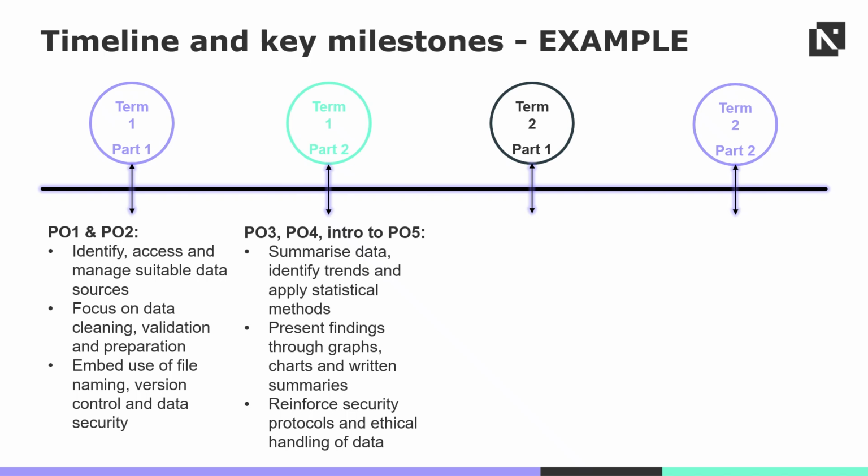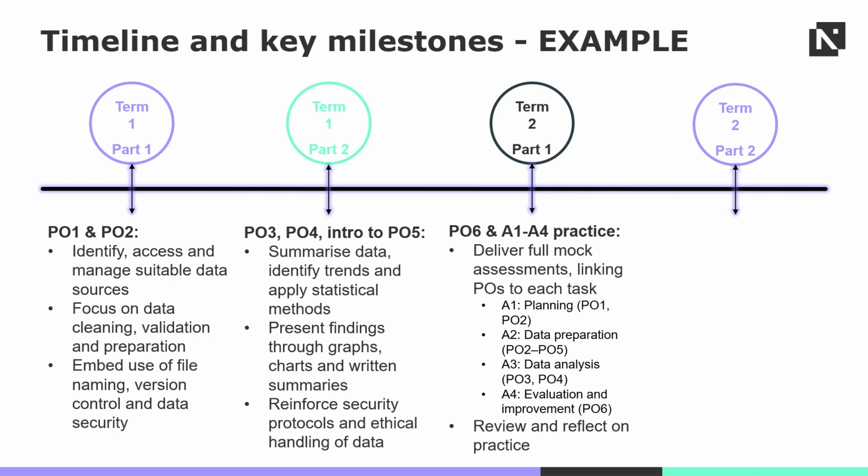Model how to present findings clearly through tables, charts, dashboards and written summaries aligned to business needs. And introduce performance outcome 5, which is maintaining data security and integrity in practical contexts, reinforcing security protocols and ethical handling during analysis tasks.